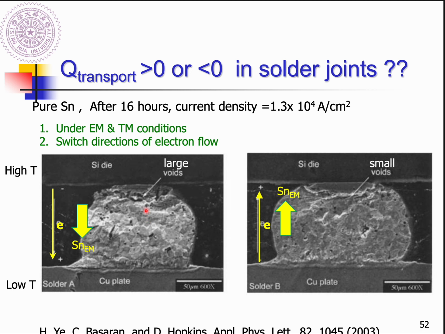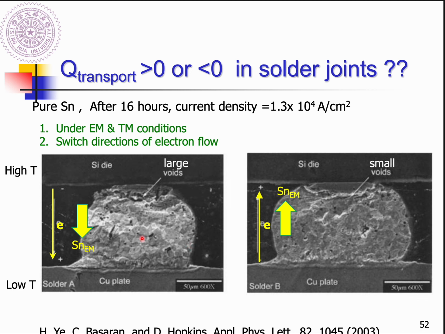So what's the direction? In this one, the atomic flux will get larger, and in this one, the other atomic flux will go smaller. So you can guess, right? If the atomic flux goes this way, this plus this will get larger, this plus this will get smaller.